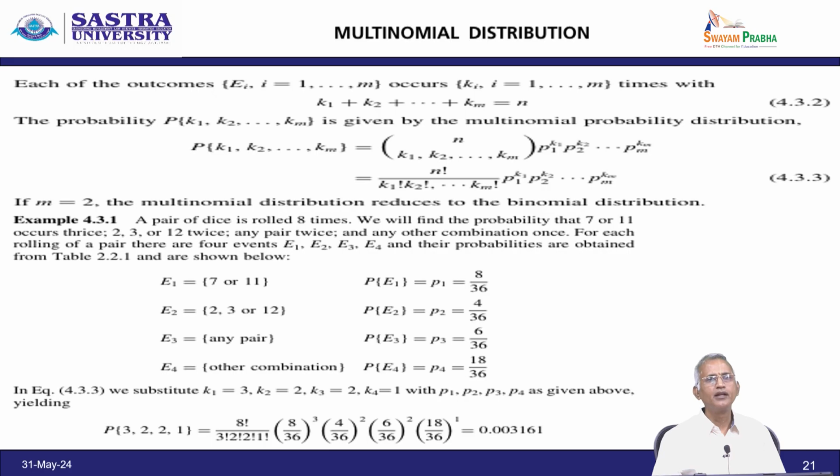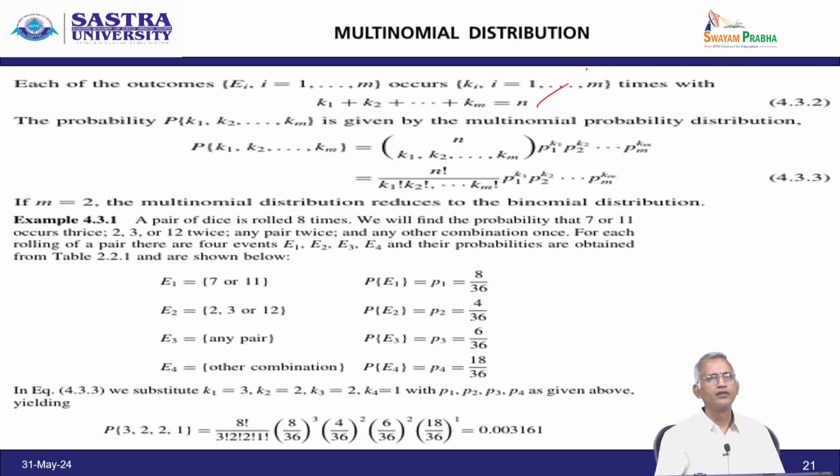Now, we have the multinomial distribution. Each of the outcomes E_i, i varying from 1 to m, occurs k_i times, with k1 plus k2 and so on up to km equal to n.